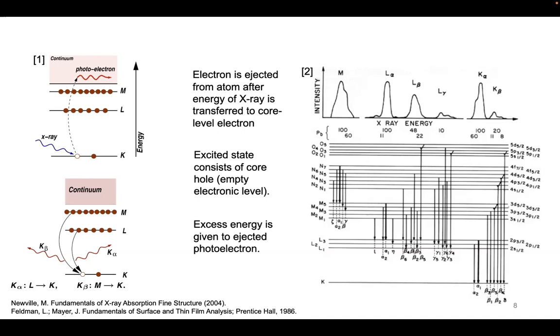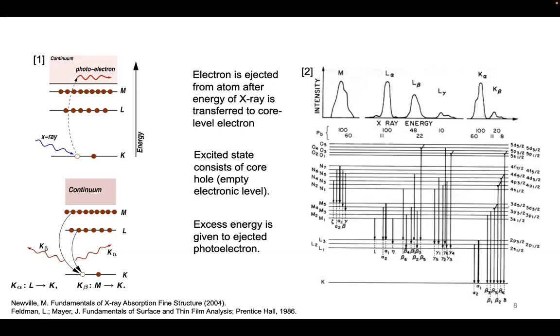And from here you can get more complex processes like fluorescence, where a higher energy electron will relax to where the hole was, and that will generate a different energy, this K alpha, or if it's from the M level, this K beta. So there are multiple processes that will ensue once you eject this core level electron.